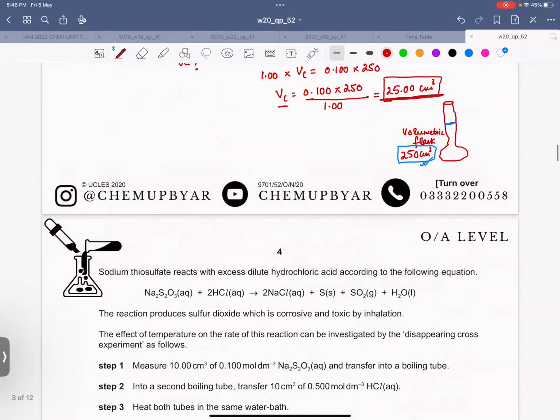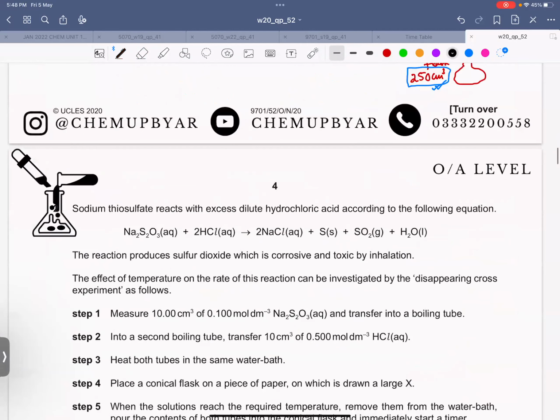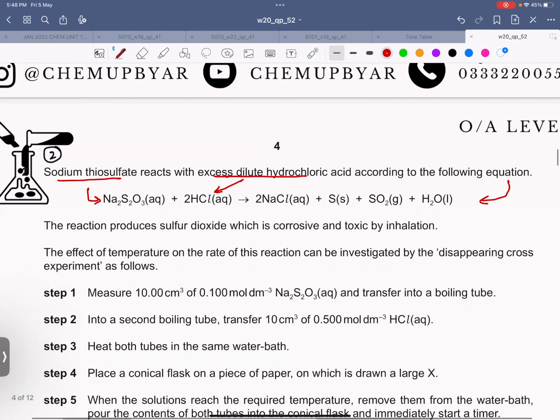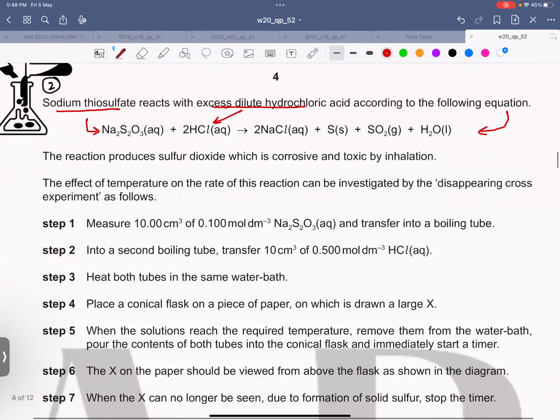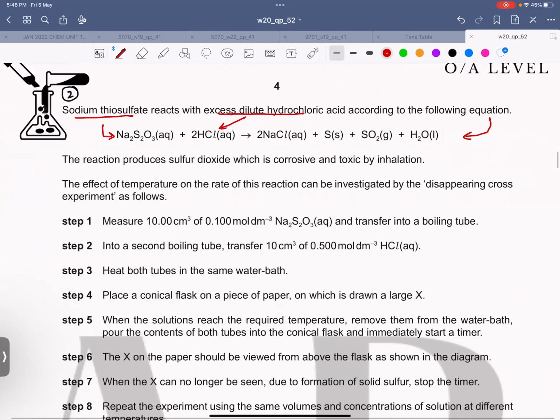Now, here we have ended question number 1. Now let's move to question number 2. Sodium thiosulfate Na2S2O3 reacts with excess hydrochloric acid according to the following equation. The reaction produces sulfur dioxide, which is your product, and which is corrosive and toxic by inhalation.